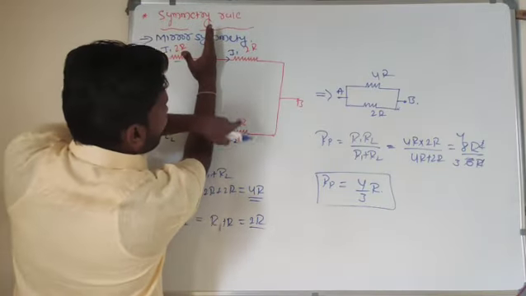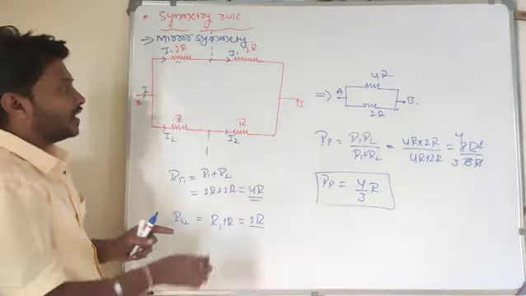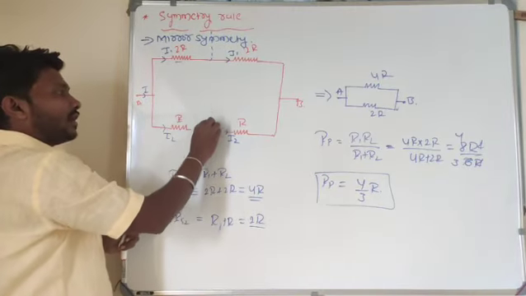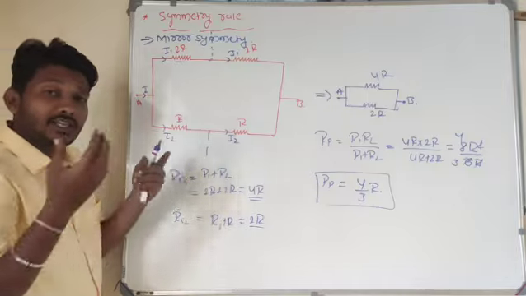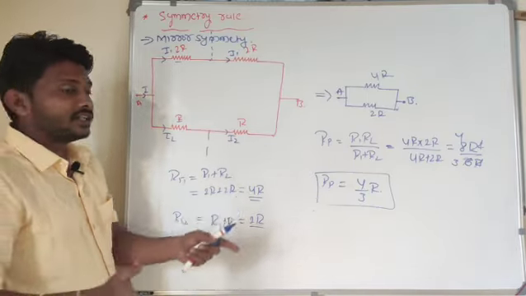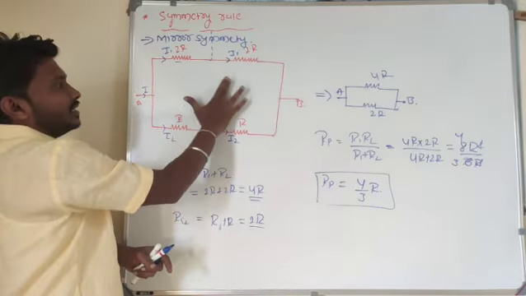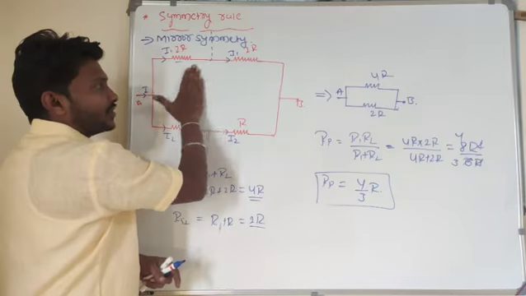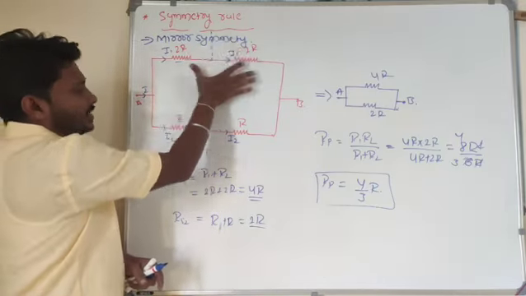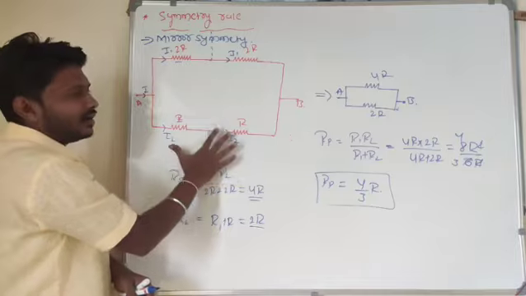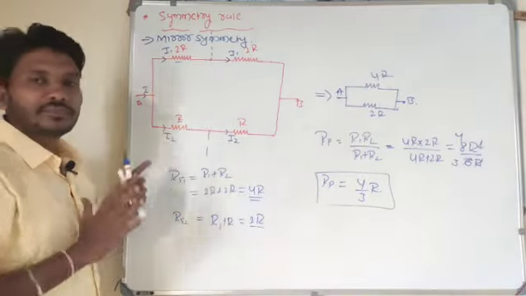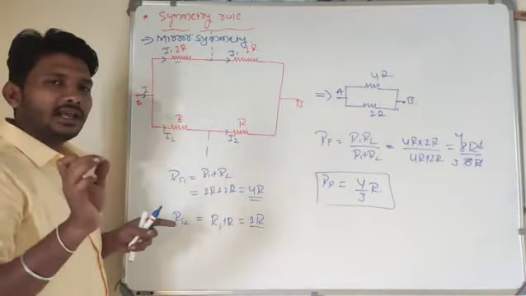If here I2 means here also current should be I2 only. So there is no amount of current will flow in this middle portion. If there is no current means there is no resistance. So it doesn't alter, means it doesn't affect the main circuit. So I vanish here. I just rub it out and then the circuit will become simple here. Now I can solve this effective resistance between the terminals A and B.